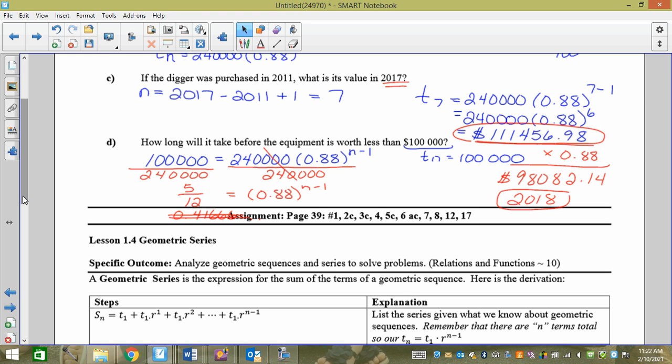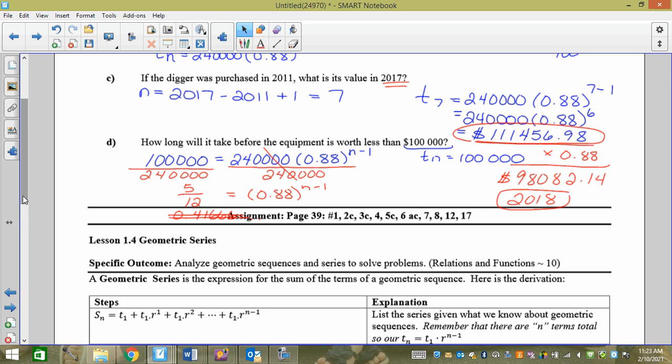And in your y2 equation, you're going to type 0.88 to the exponent n minus 1. If your exponent pops up, you don't have to put the n minus 1 in brackets. If your exponent doesn't pop up, you have to put n minus 1 in brackets. This is just for a little glimpse of next year what you'll be able to do.